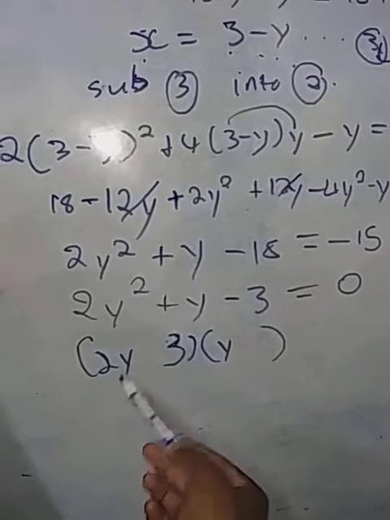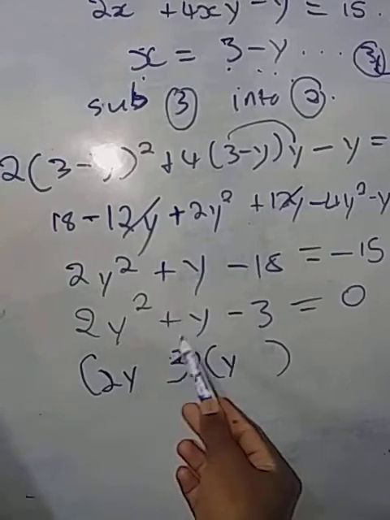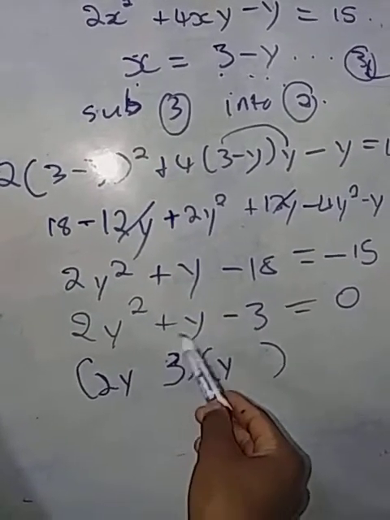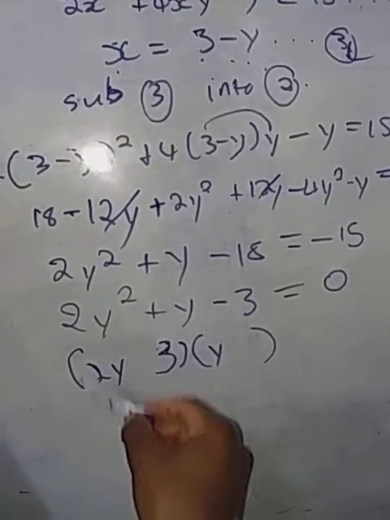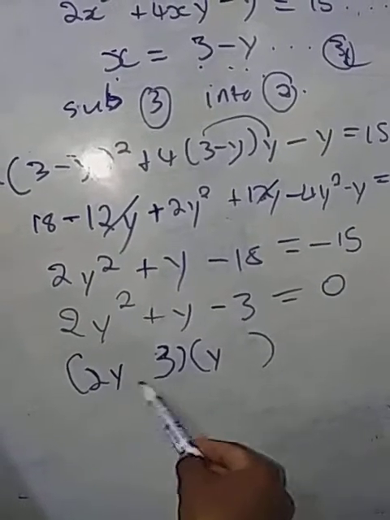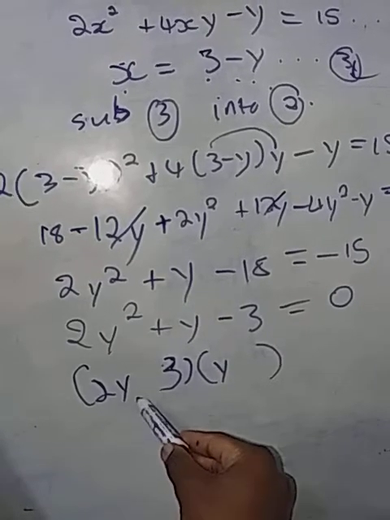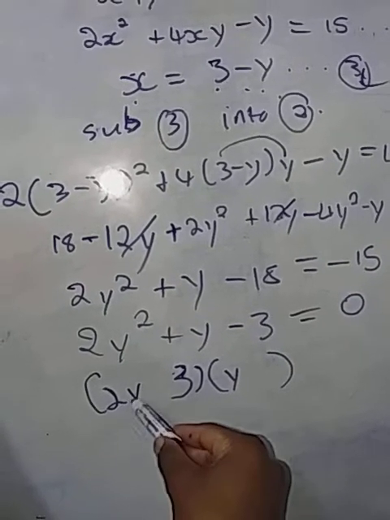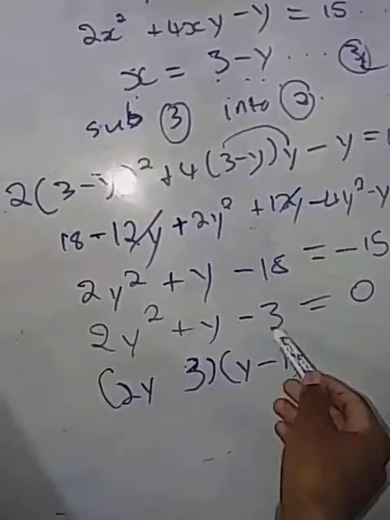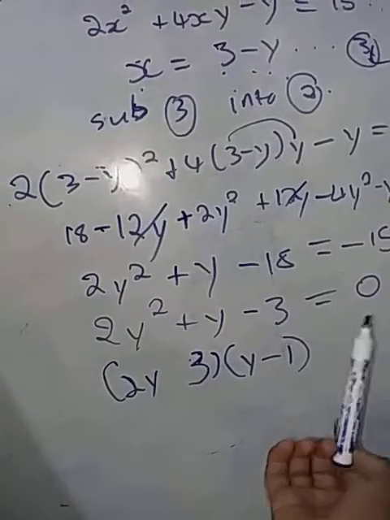Since you already have 2y here, and you have 3, and you can see that our middle term is positive, and we need a positive y value. You know that 2y multiplied by y is going to give you 2y squared. So in order to have positive y here, we need to make sure that 2y is going to be negative. Then here you're going to have -1, and you can also see that our last term is negative. Then this -1 passes the test.